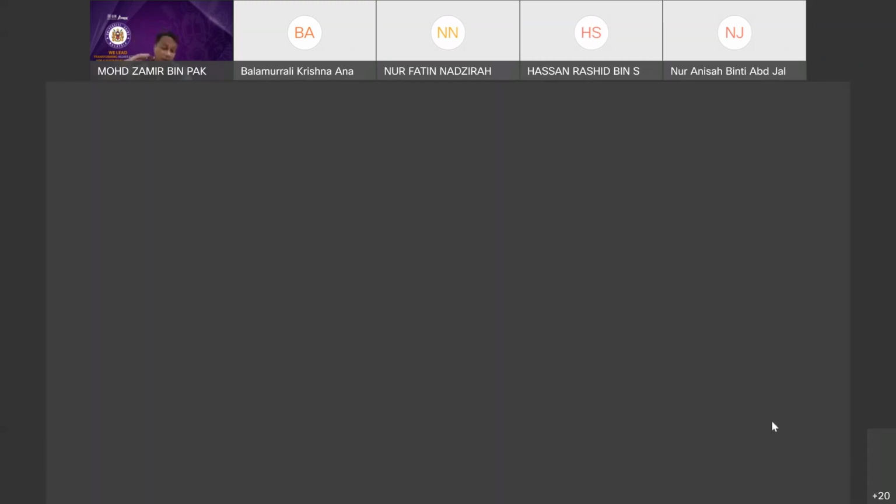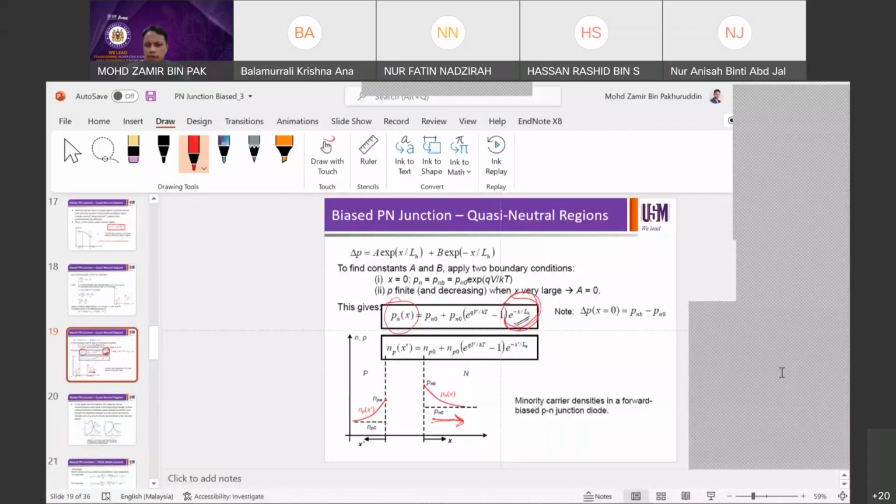So remember, we are talking about minority carrier from the injection. Kenapa kita cakap tentang minority carrier from earlier on? Why we are interested in minority carrier, not majority carriers? Can you recap? Why are we so interested in minority carriers in this case? Why not majority carriers?